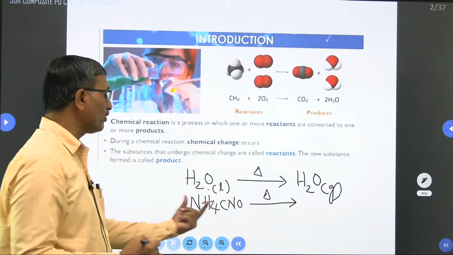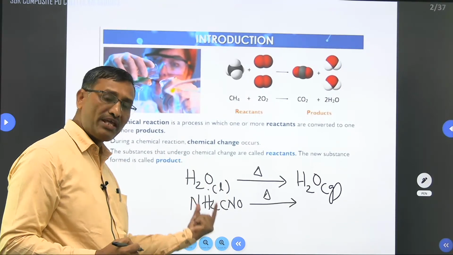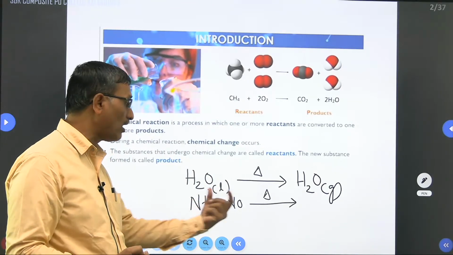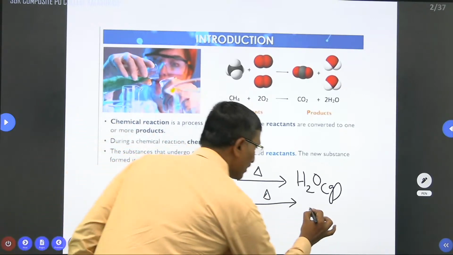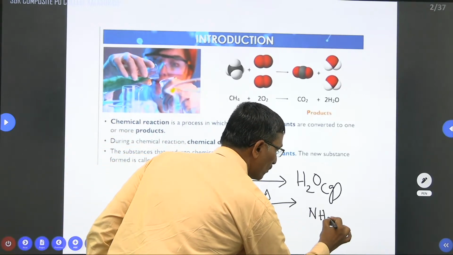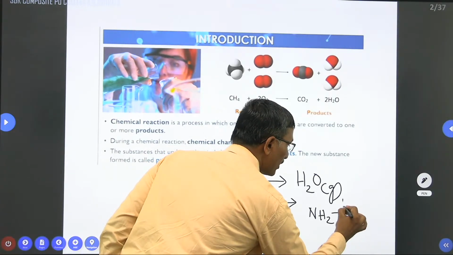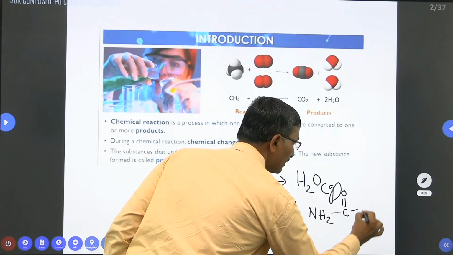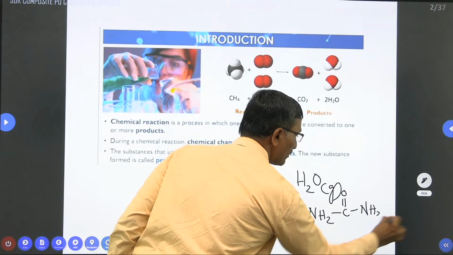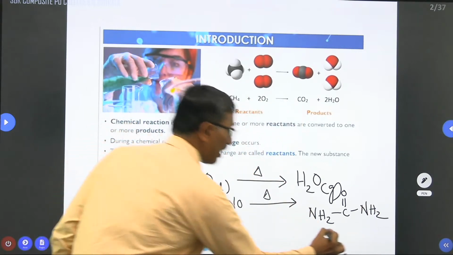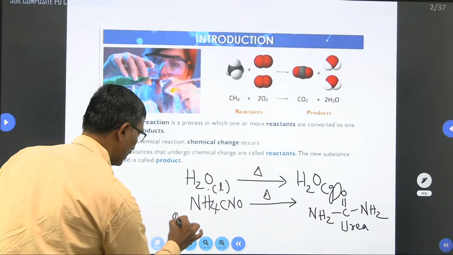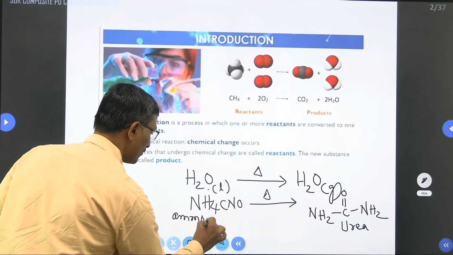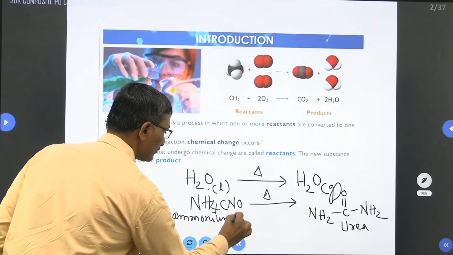This ammonium cyanate, being an inorganic substance, on heating gives urea, that is NH2 C double bond O NH2, students. This is known as what? Urea. So this is ammonium cyanate.